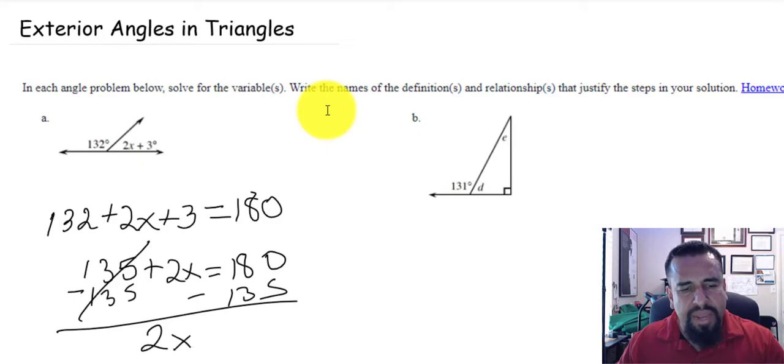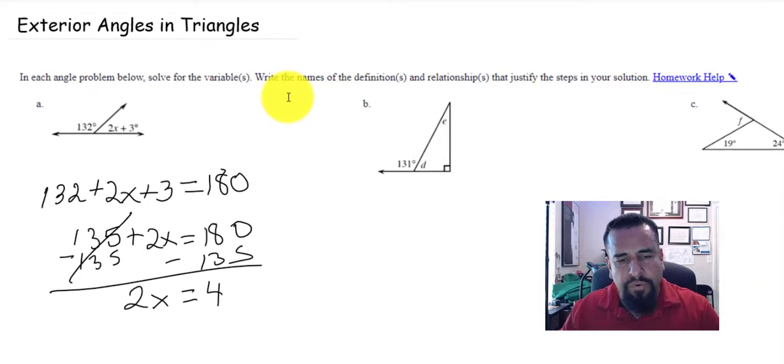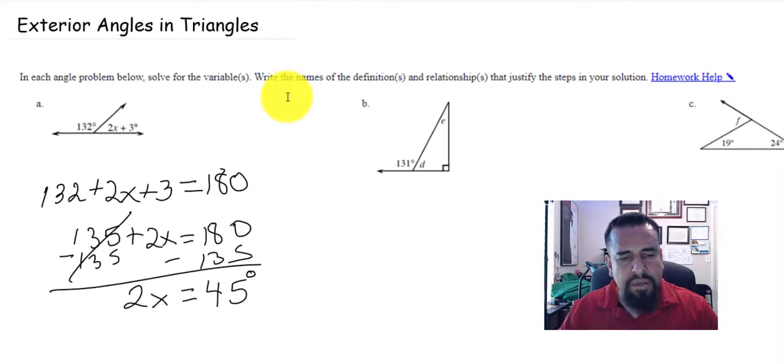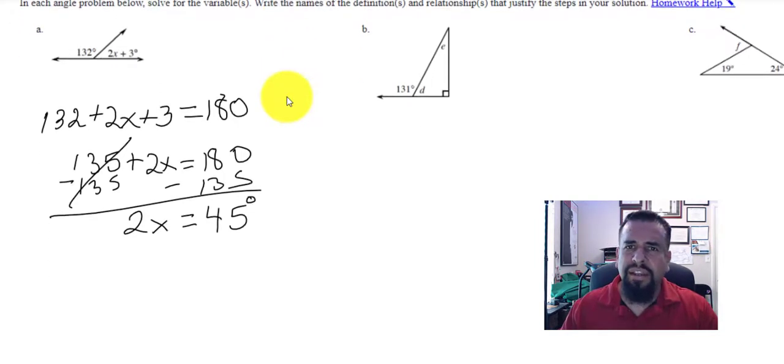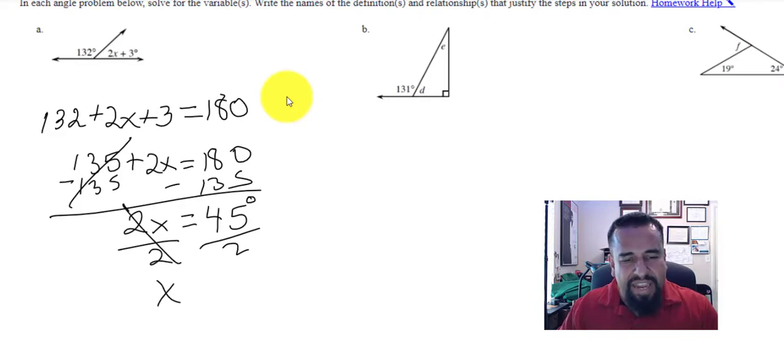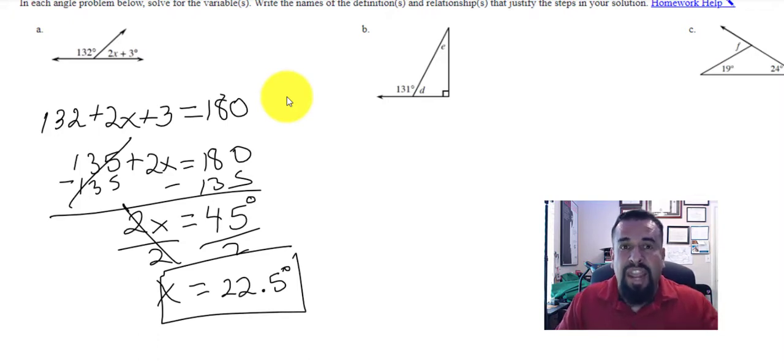We have 2x equals 45 degrees. Oh, that's not my final answer. I'm getting a little ahead of myself. And so we divide both sides by 2, don't forget. And so we have x, and 45 divided by 2, I believe that's 22.5 degrees. That right there is my final answer.